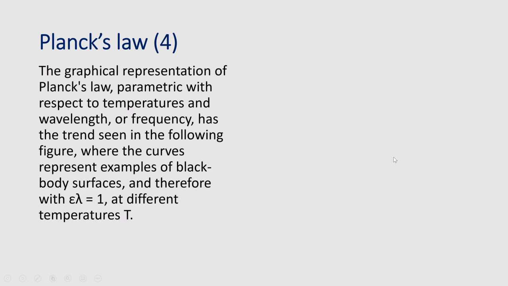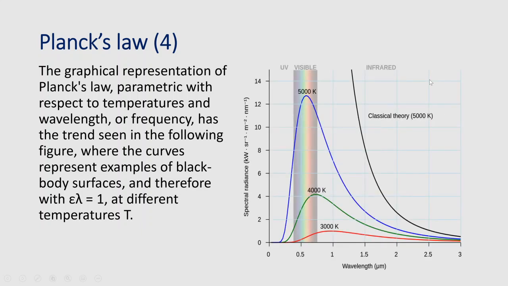All right? So the graphical representation of Planck's law, parametric with respect to the temperature and the wavelengths or frequency, is the trend that we can see in these figures here. Again, a bidimensional diagram. You see on the x-axis we have wavelengths.